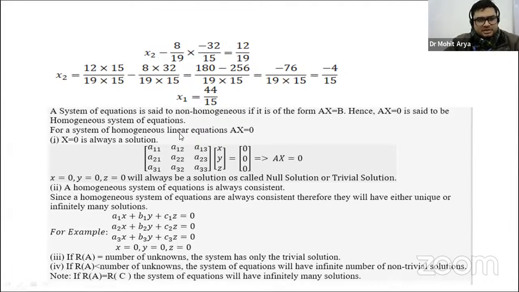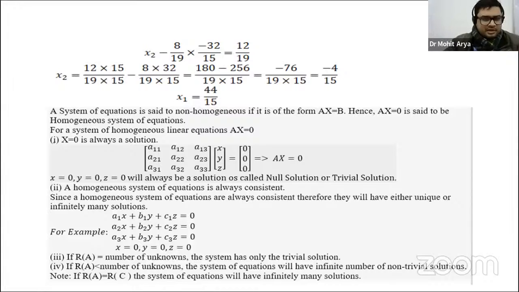For a system of homogeneous linear equations Ax equal to 0, x equal to 0 is always a solution of this system. That means x equal to 0, y equal to 0, z equal to 0 will always be a solution, called the null solution or trivial solution. Another part: a homogeneous system of equations is always consistent. Since a homogeneous system of equations is always consistent, it will have either a unique or infinitely many solutions.